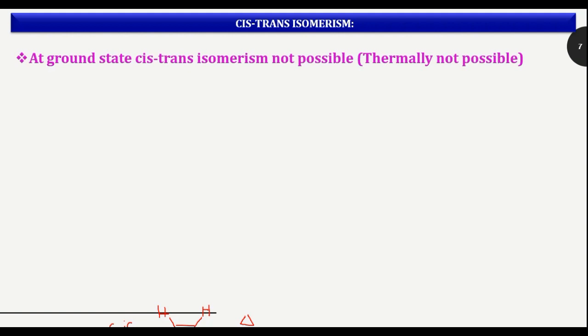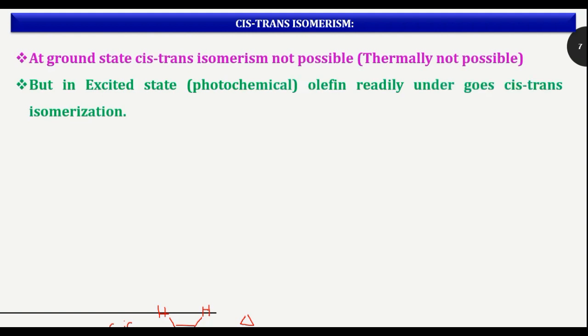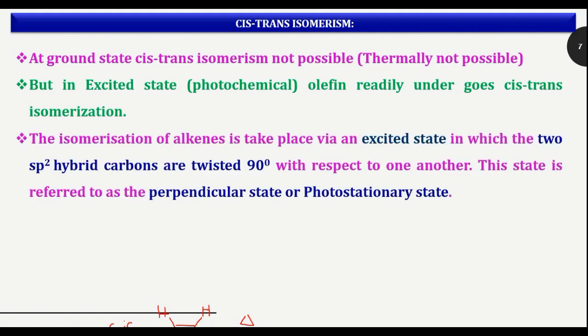But photochemically the cis molecule can convert into trans molecule. So cis can be converted into trans molecule. So how is it taking place? How does the cis molecule convert into trans, and how does the trans molecule convert into cis under photochemical condition? So friends, in this case the alkene undergoes excited state.